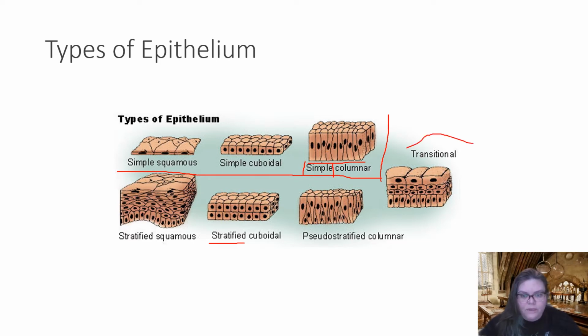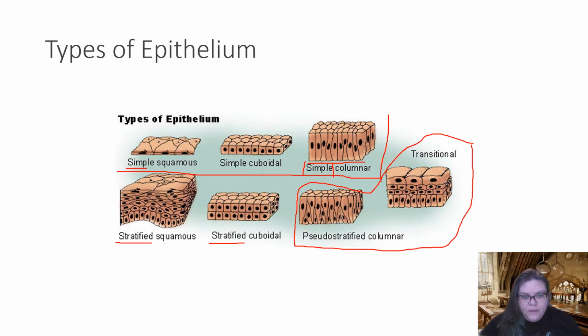And then of course you have your outliers, pseudostratified and transitional. For my exam and quiz, I will not ask either the pseudostratified or the transitional. What I'm hoping that you'll be able to do is tell the difference between the simple and the stratified.